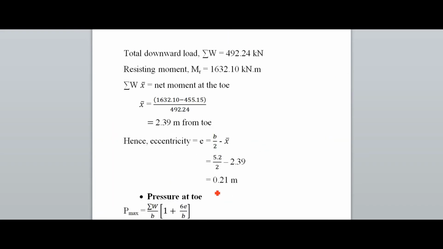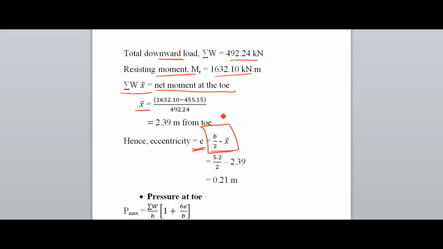Okay. After we found the total downward force and total resulting force, we can find out eccentricity E. How? B/2 minus x bar. So x bar is net moment at the toe divided by W. W is 492 and net moment is 462.32.